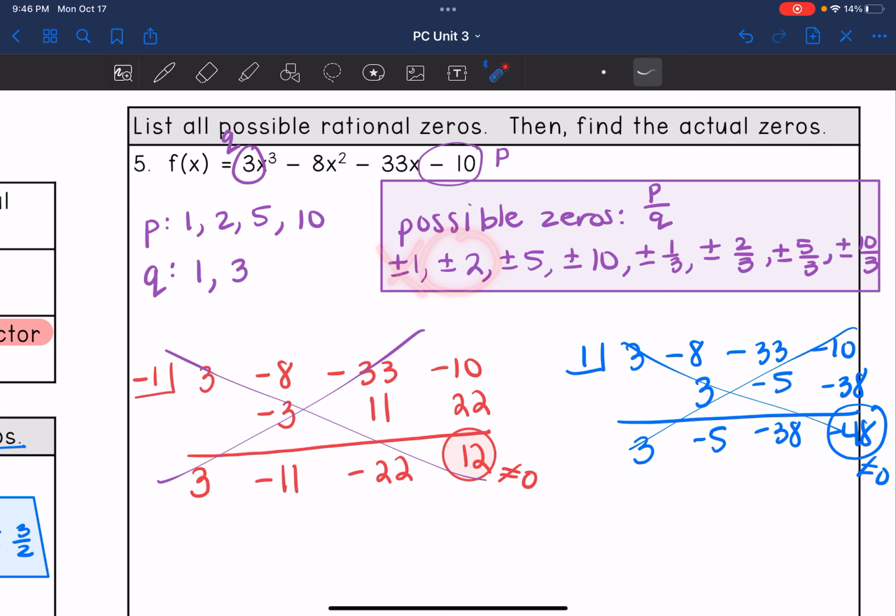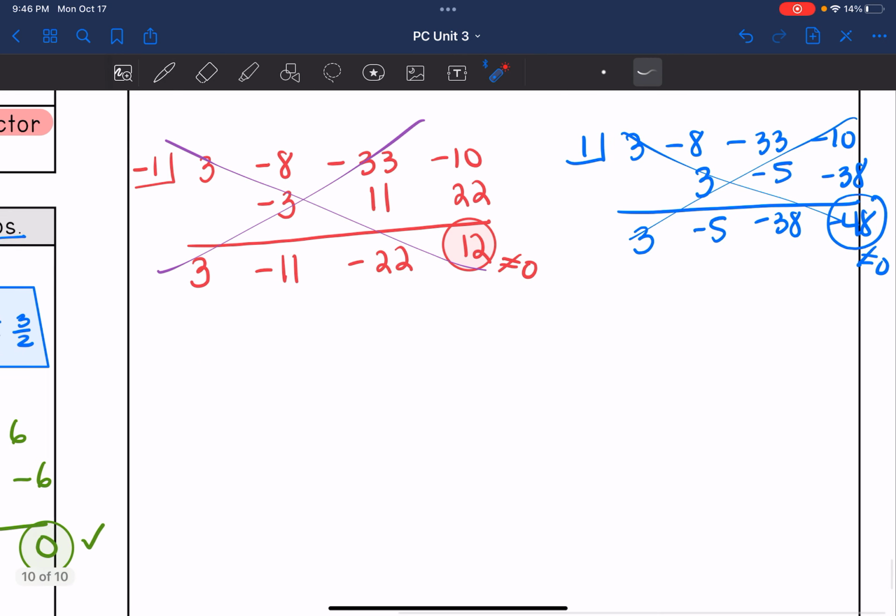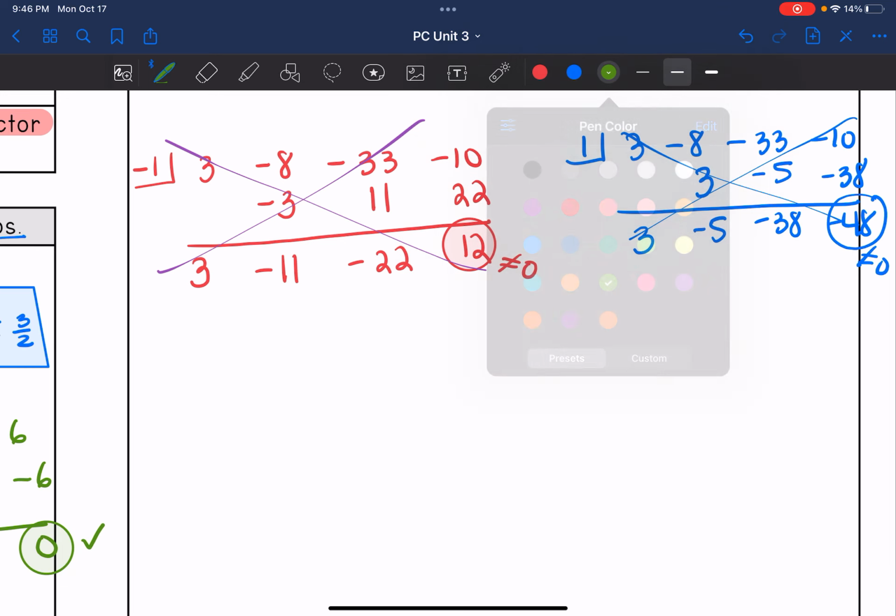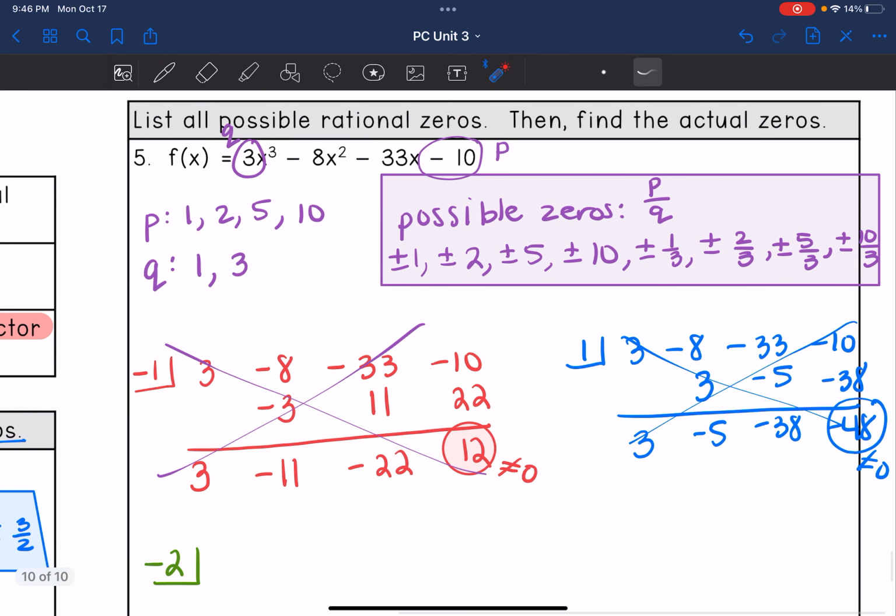Well, now let's try the 2. So let's try -2. We're still dividing that same polynomial because I want to see if it's a factor of this one. So 3, -8, -33, -10.